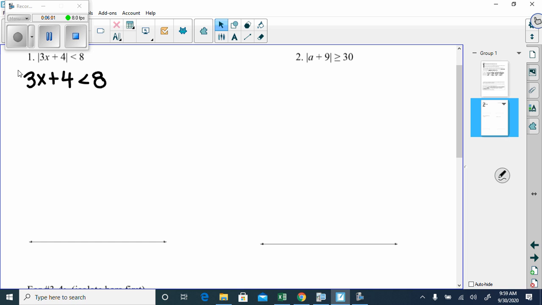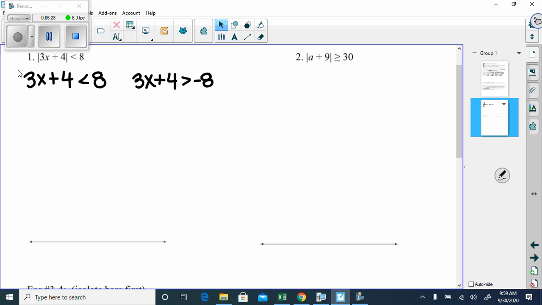My second equation, we know we have to make the 8 negative. When you're dealing with an inequality, not only do you change the sign of the other side, you flip the inequality. So now it's going to be greater than negative 8. And then we're just going to solve these two equations.